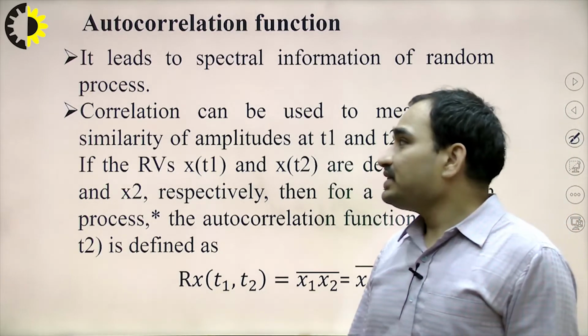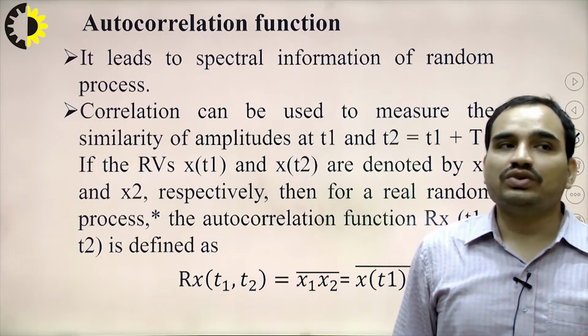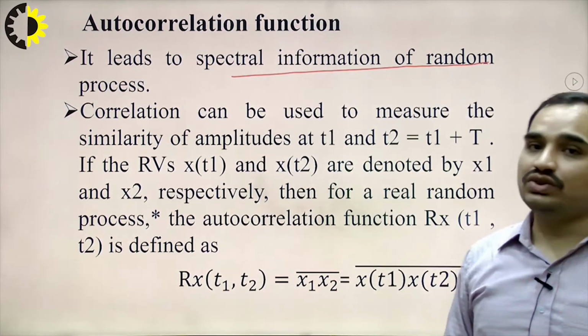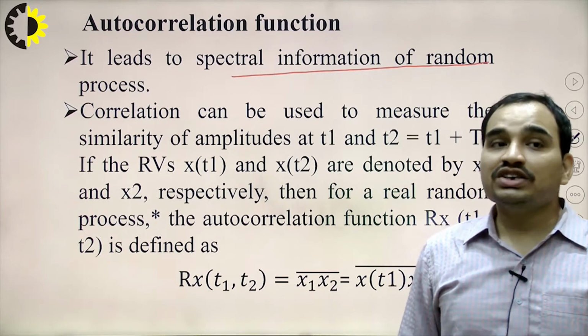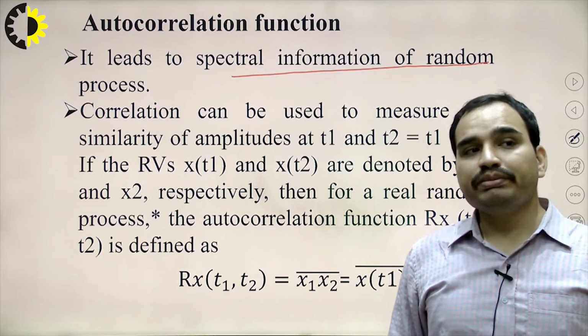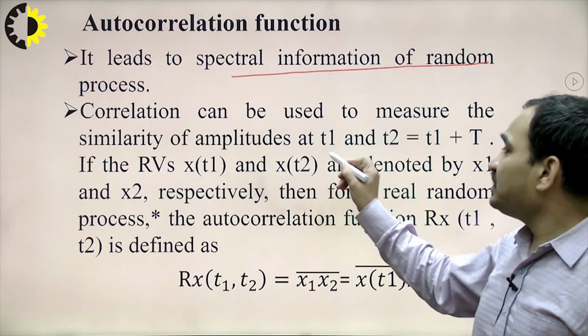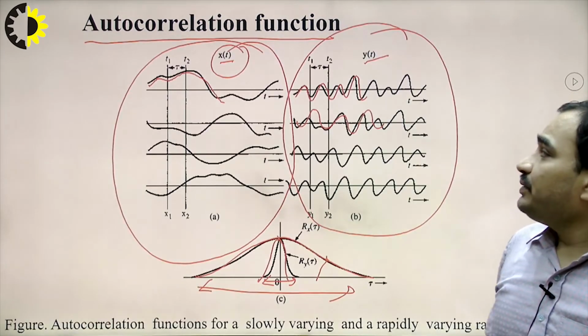Now we will discuss what autocorrelation is and how to find it. It leads to the spectral information of the random process, so we can get the spectral information of signals in communication. Correlation can be used to measure the similarity of the amplitude. For different time instants t1 and t2, we are relating the time instants.